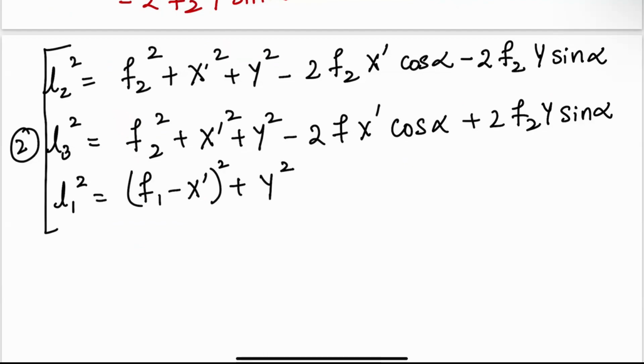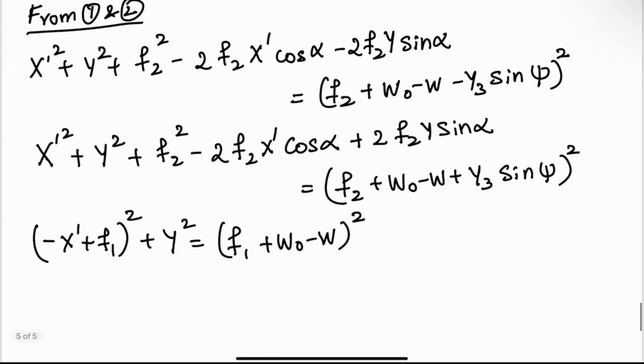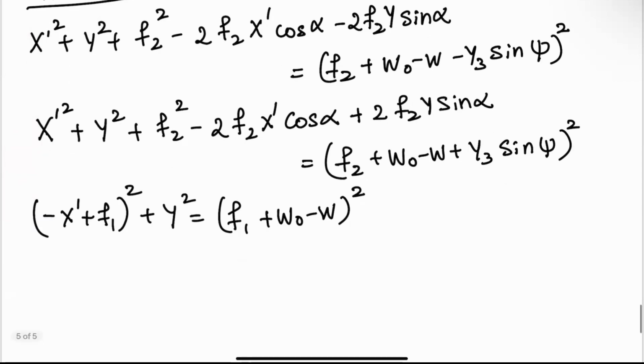And that gives you a set of three algebraic equations in terms of x, y, and w. So let me quickly write that because it's long and then I'll come back. From 1 and 2, you get these three equations: equation number 1, 2, and 3. To simplify them, we'll make a few substitutions, which will help us along the way.